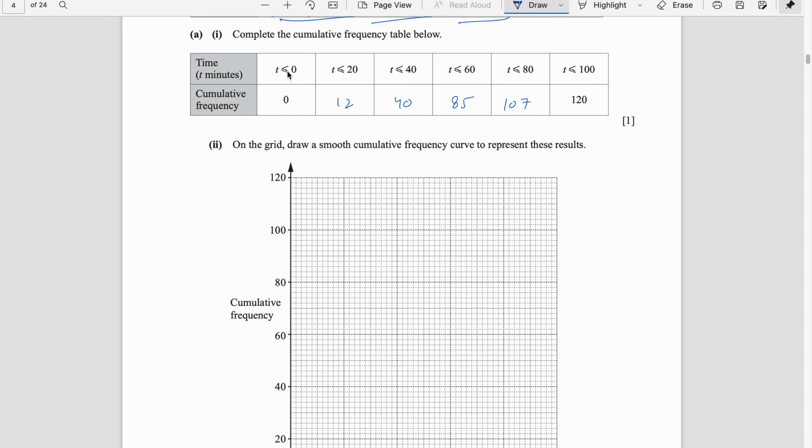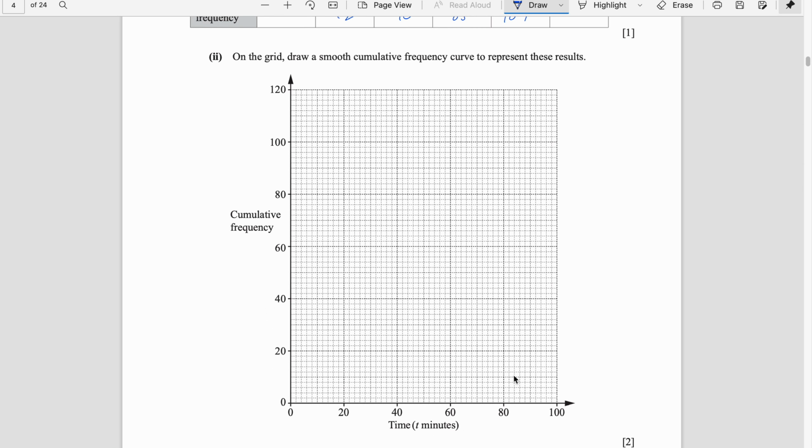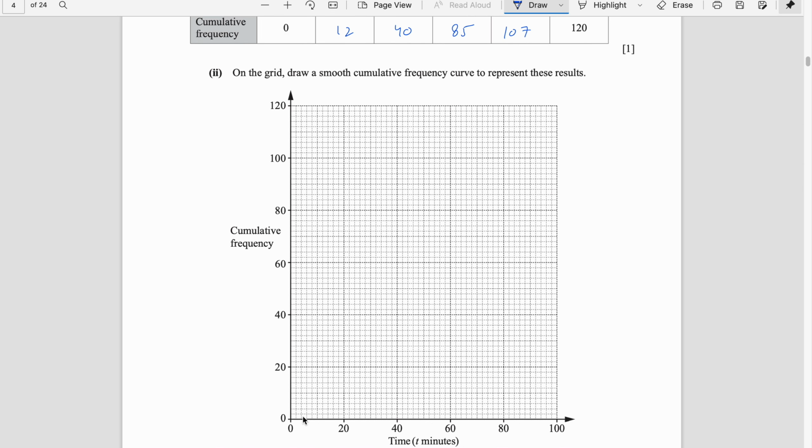This is 0, 20, 40, 60 already marked, and on the y-axis we have 0 against 0, then 12 with 20, then 40 against 40, 85 against 60, 107, then 100, and on 100 we have 120.